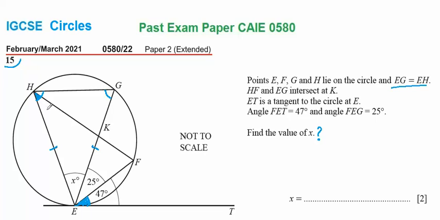The angle between the tangent and the chord is always equal to the angle which this chord subtends in the circle. So this angle will be 47, and the reason is the alternate segment theorem.